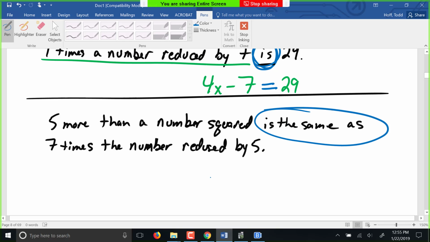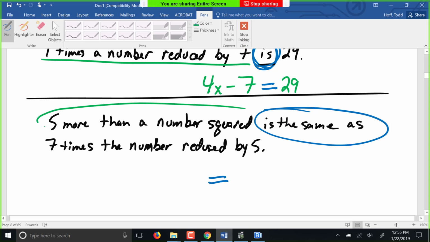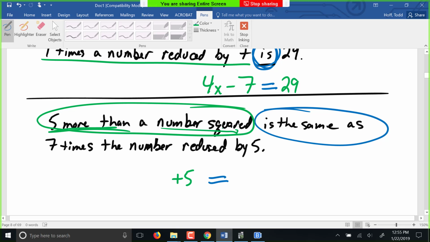So that's our equal sign. So then this part before it is going to go on one side of the equation. 5 more than a number squared. But of course, 5 more than means adding 5 to something. A number squared?